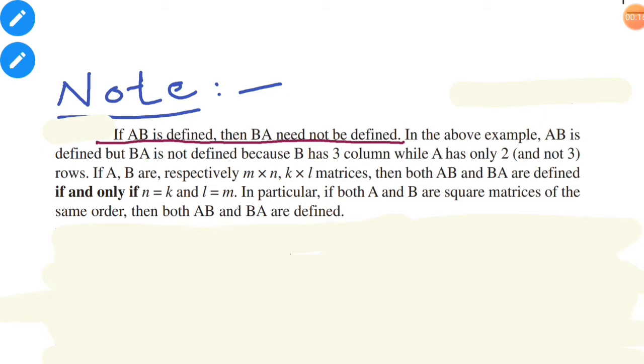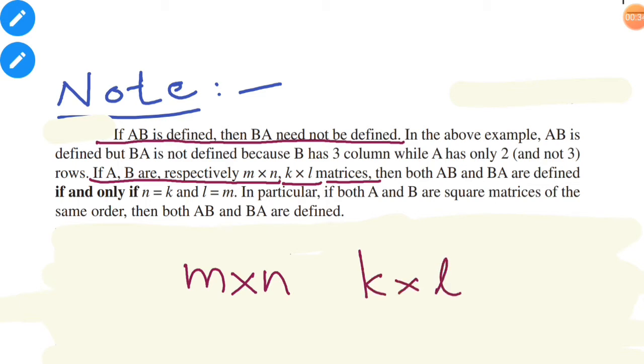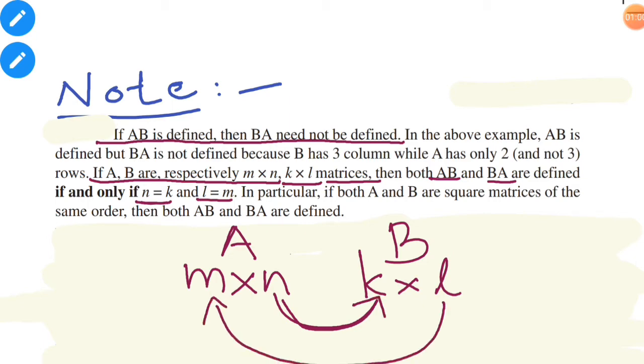And if A and B are respectively M by N and K by L matrices, that is, A is of order M by N and B is of order K by L, then both AB and BA are defined if and only if N equals K and L equals M.